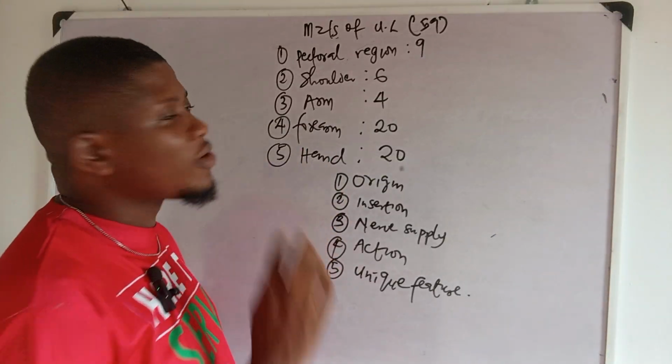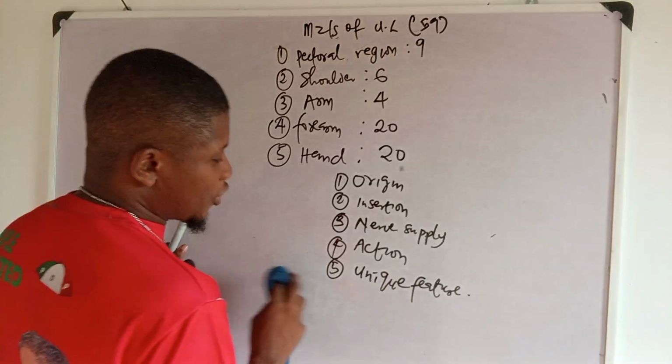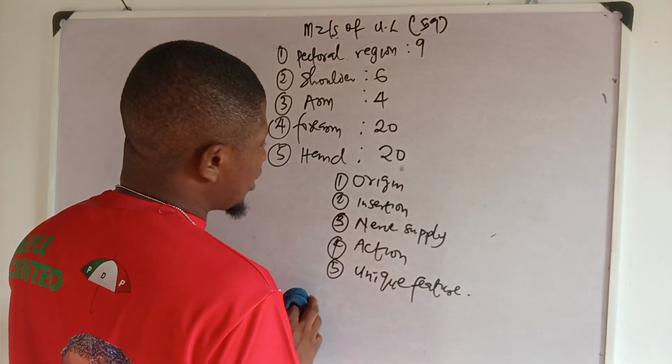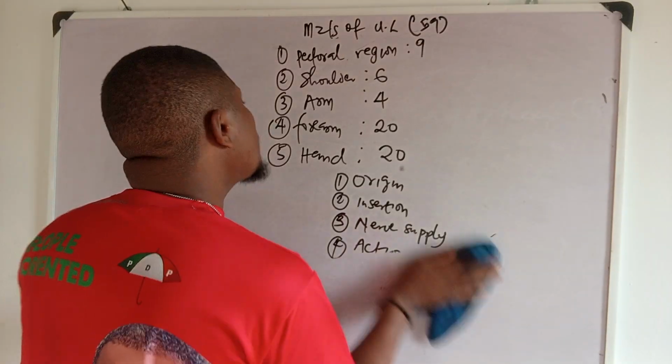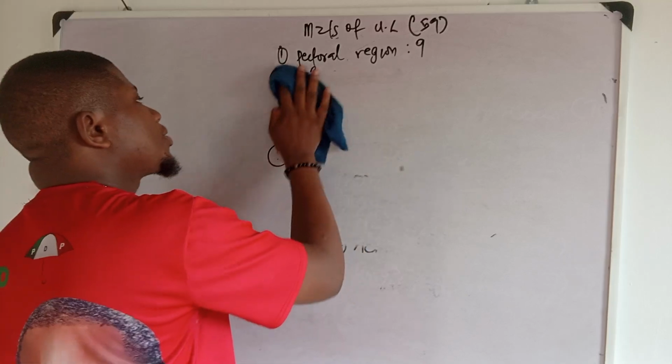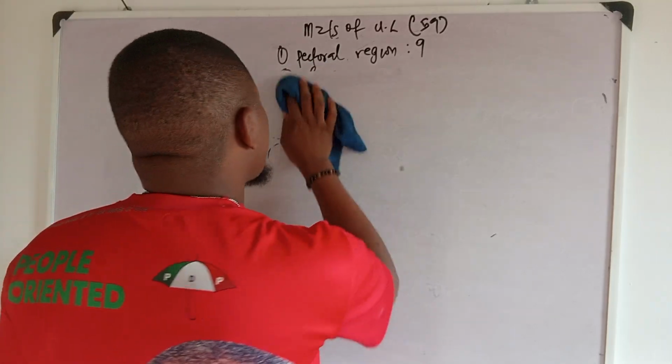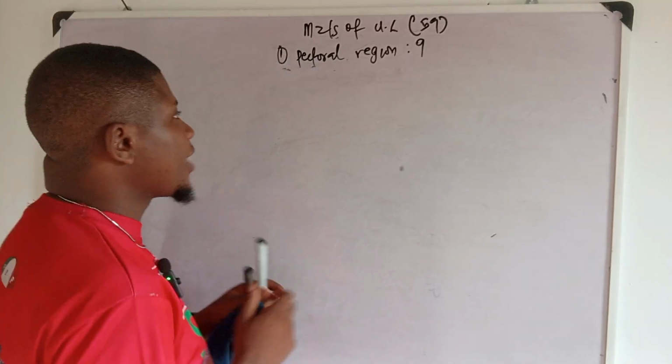So we'll start with the muscles of the pectoral region, the nine of them.